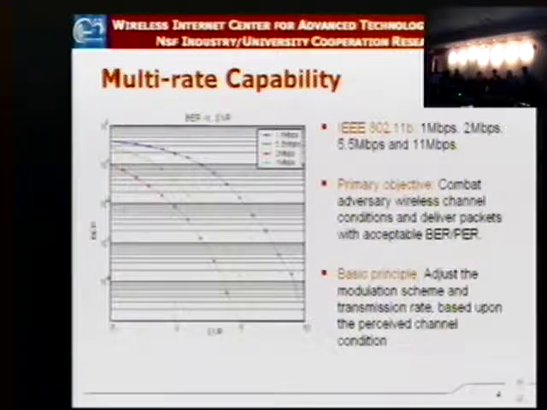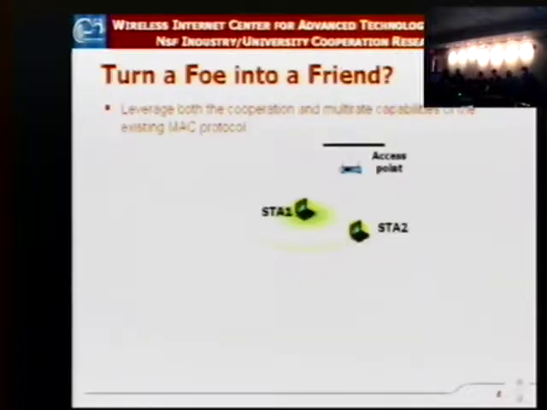And the basic rule is that we try to adjust the transmission rate in order to have a reliable communication, which is an acceptable bit error rate or packet error rate.